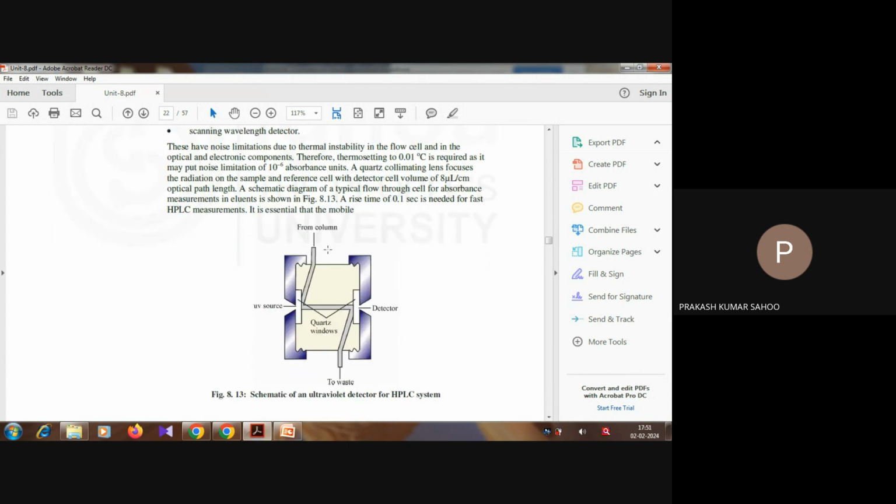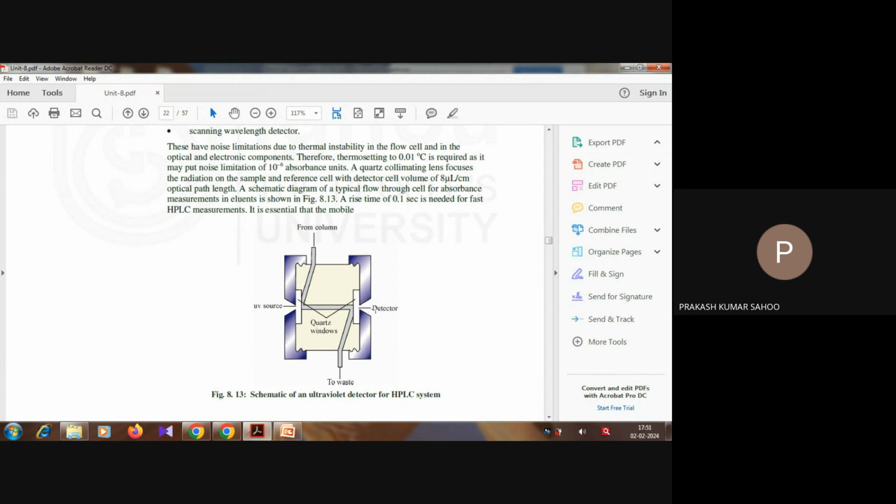So in a UV visible instrument, what happens? In UV visible, the components to be separated are placed in a cuvette and measured against a standard of demineralized water.